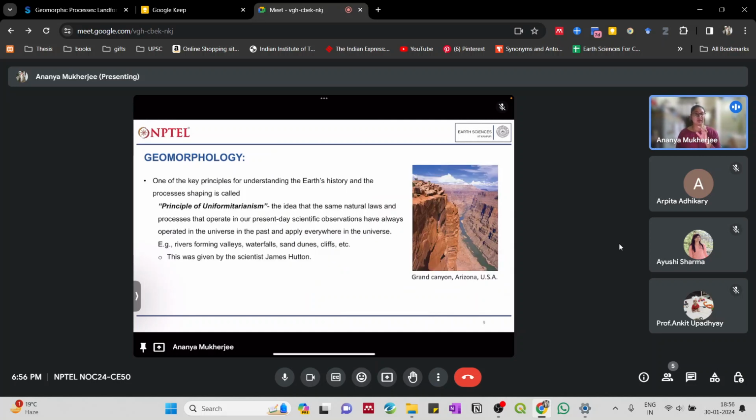So one of the key principles that we have to remember when we are studying these natural processes is that whatever processes are happening right now, anywhere on the earth surface, are a gateway to understanding the processes that have happened in the earth's past.